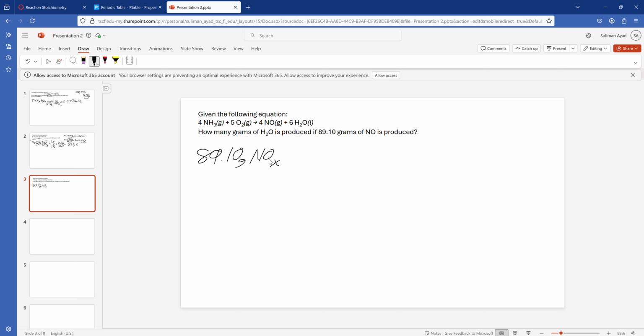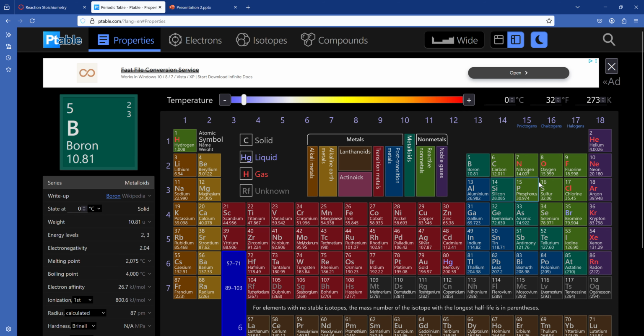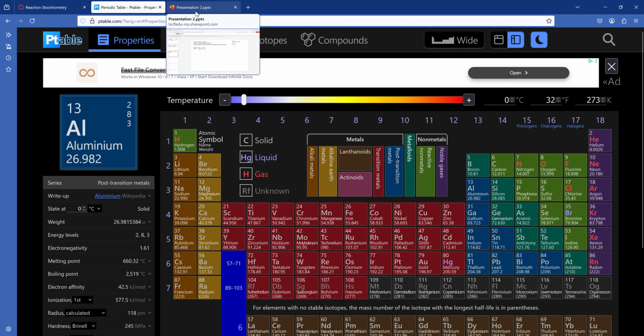In order to find the molar mass of this, I need to find the mass of nitrogen, which is 14.01. And for the oxygen, it's roughly 16.00. Depends how many 9s you feel like including there.